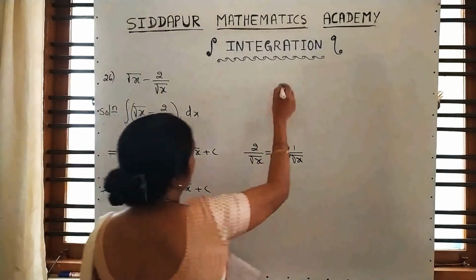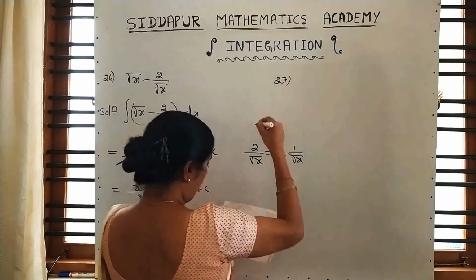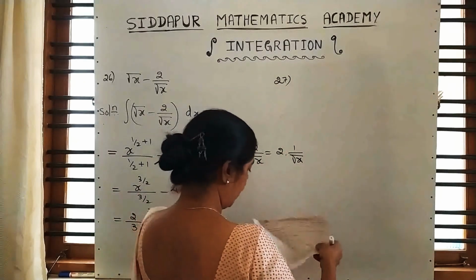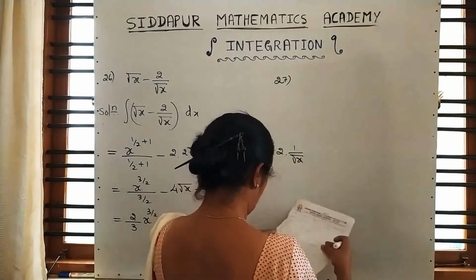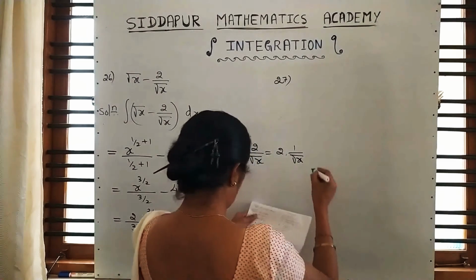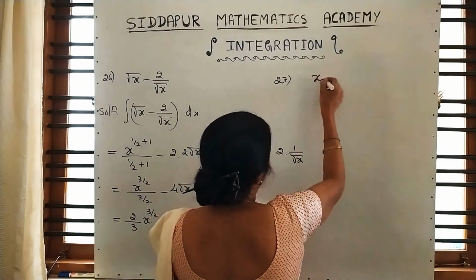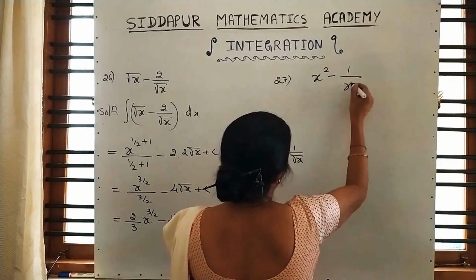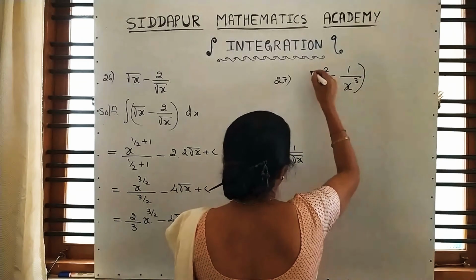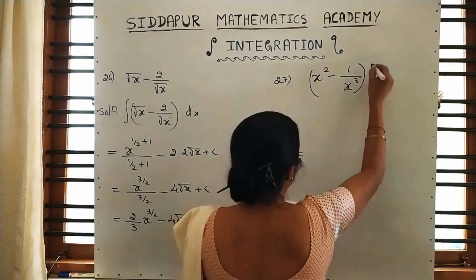Next, moving to the next question. Question number 27. x square minus 1 upon x cube whole square.